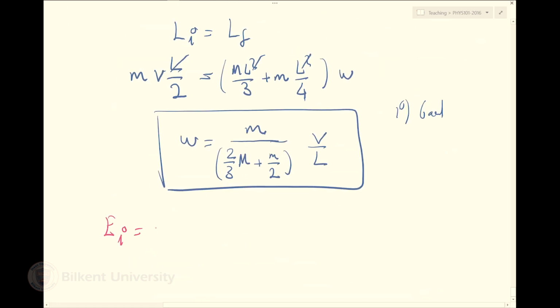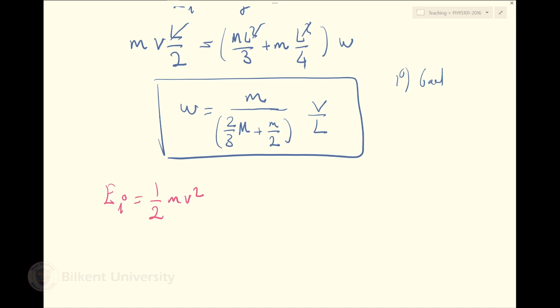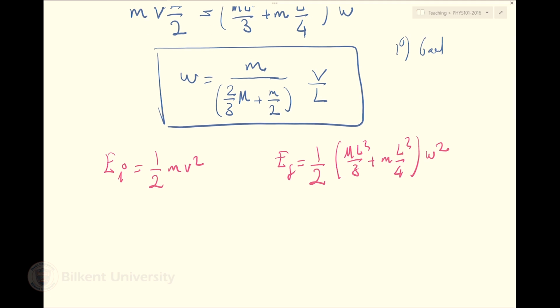E initial is 1/2 mv squared. How about E final? E final is 1/2 times ML squared over 3 plus ml squared over 4, times omega squared. Now I can write omega.